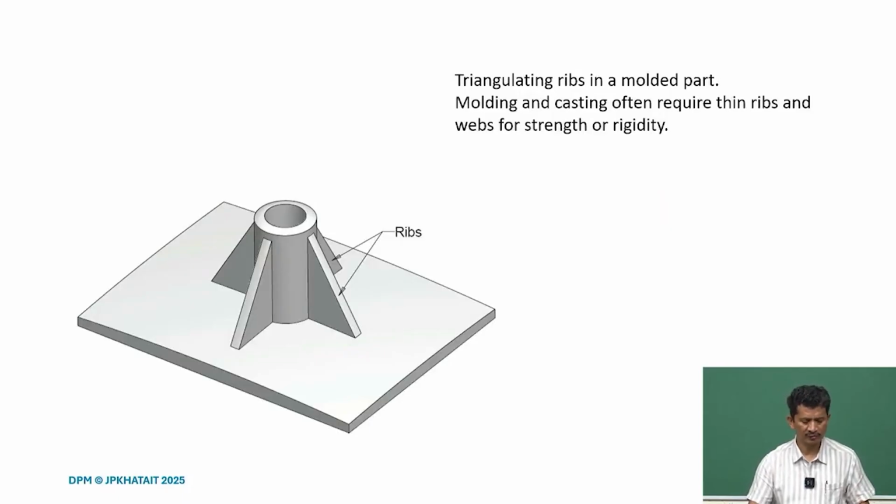But we also realize we provide ribs in many designs, to provide proper support between the structure and the base. So, thin ribs and ribs again add rigidity to the structure.